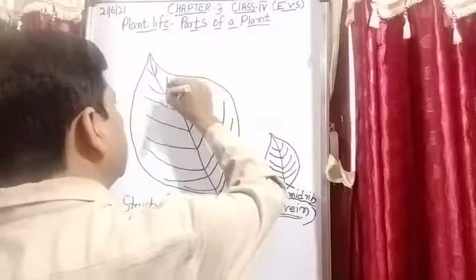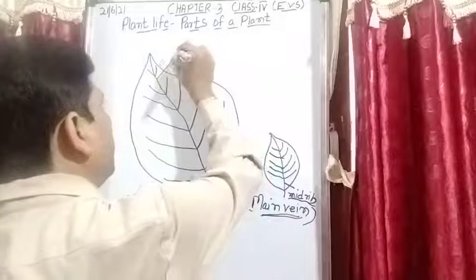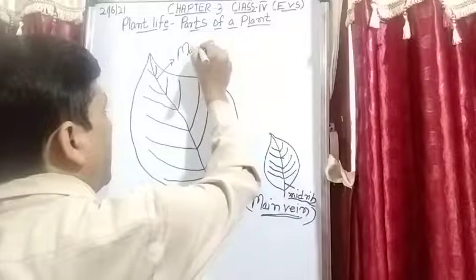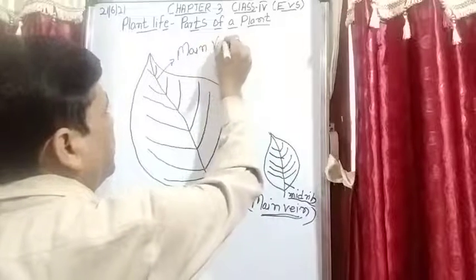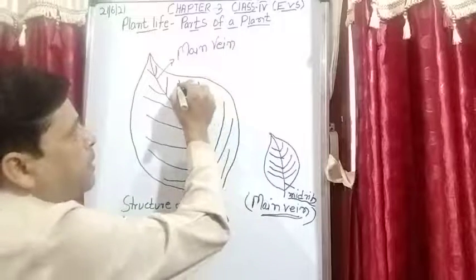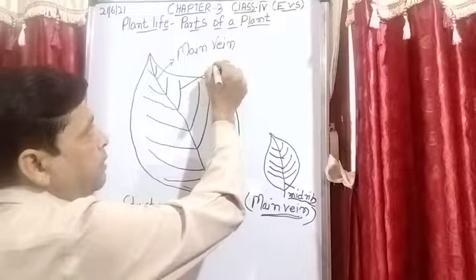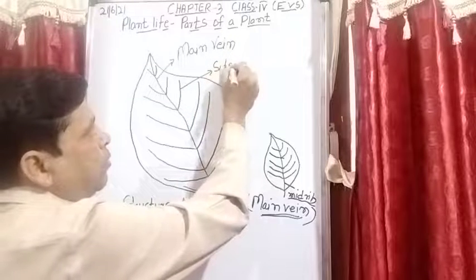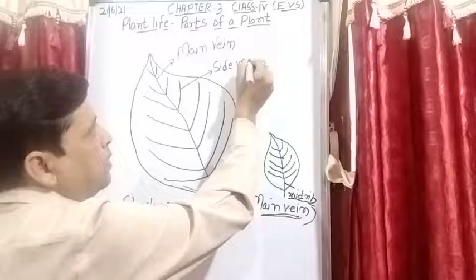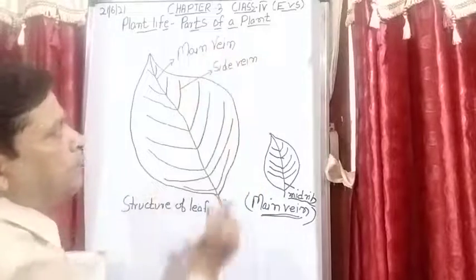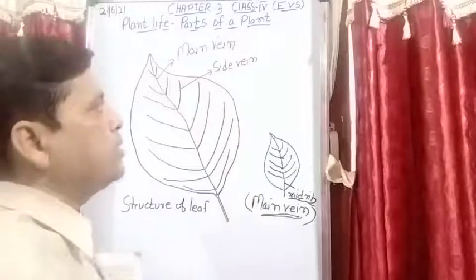So this is a main vein, and with this main vein there are many side veins attached.